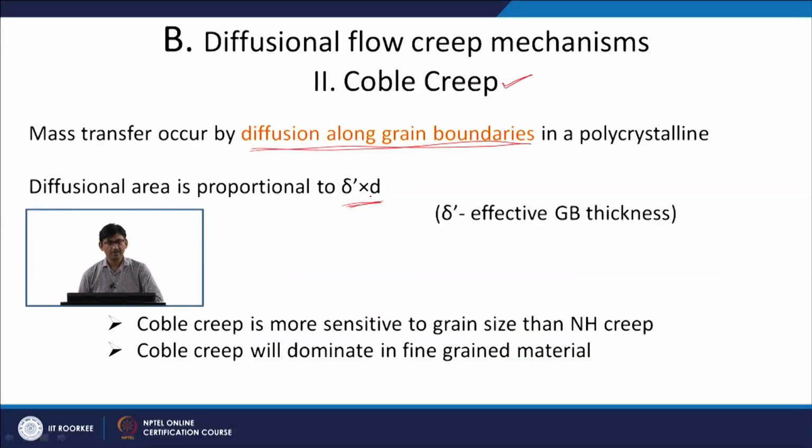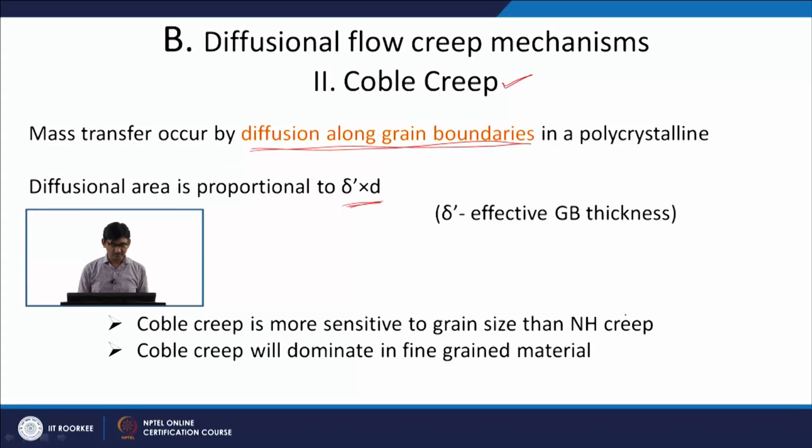Our diffusional area will be equal to the width of the grain boundary and the size of the grain. So, Coble creep is more sensitive to grain size than NH creep. You can understand that because the mass flow is through grain boundary. If I keep on reducing the grain size, I will have more grain boundary area.